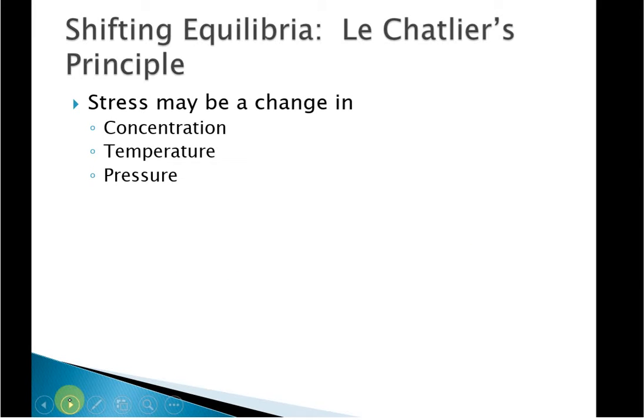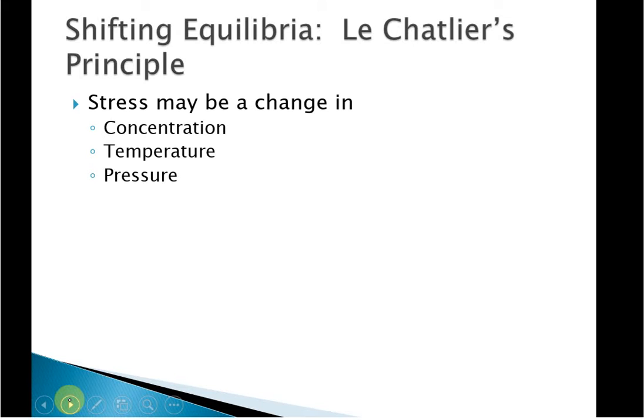Now for us, we're going to have a shift primarily in one of three ways. We're either going to have a change in concentration. That means we could be adding something in, or taking something out. Either way, we could have a shift in temperature. A shift in temperature is the only thing that will actually change the K value.